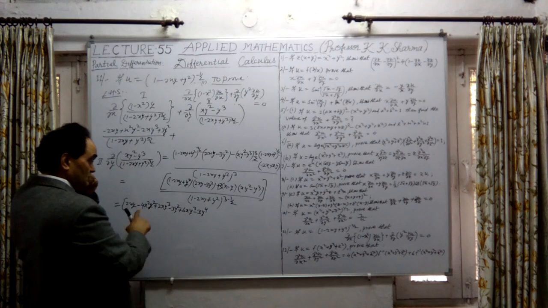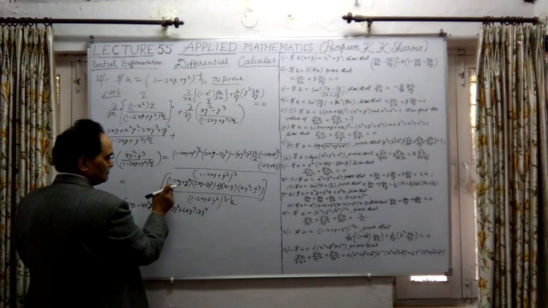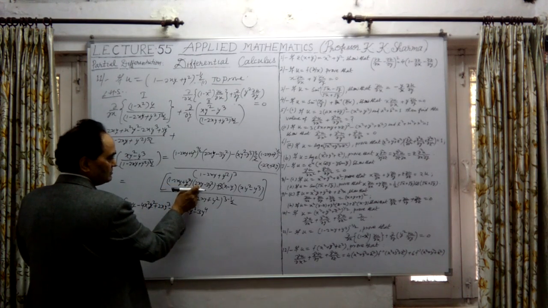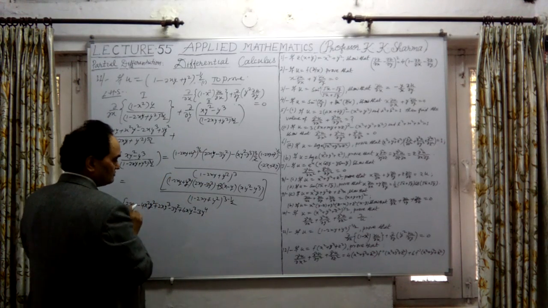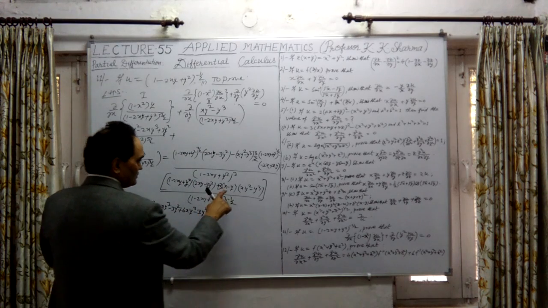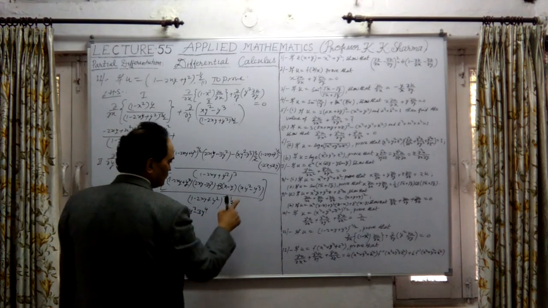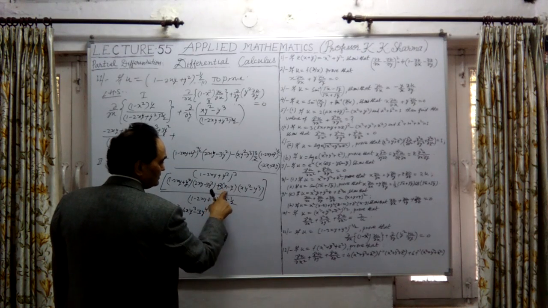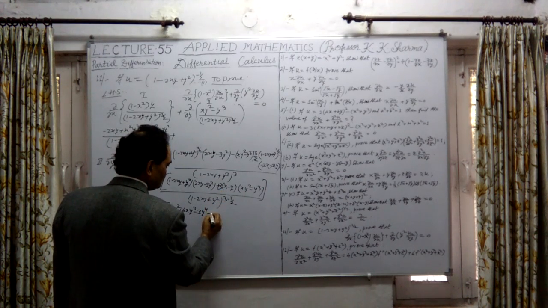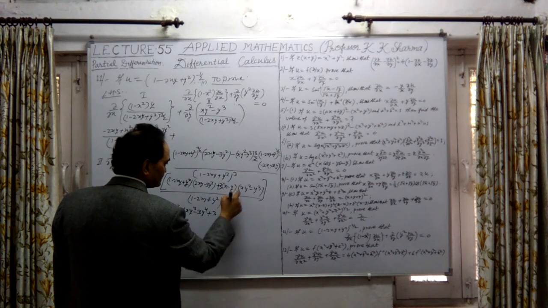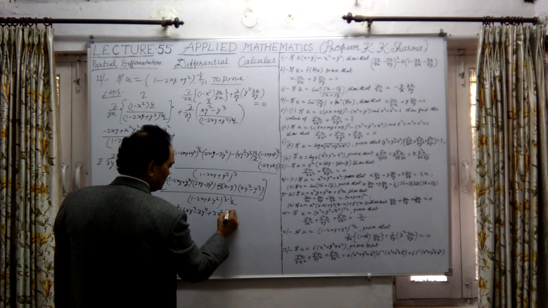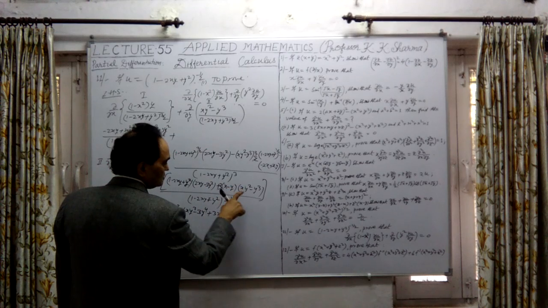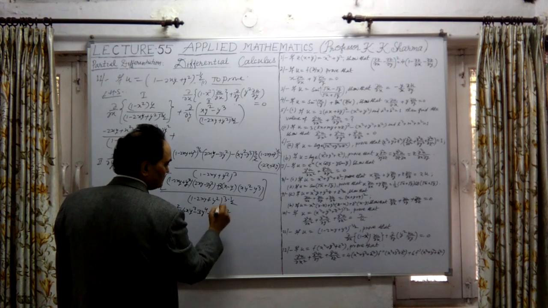Okay, now we have 6 terms here, 1, 2, 3, multiplied to this one term, and 3 terms more for the second term, so we have a total of 6 terms. From this, there will be 4 only, 4 parts. This 3, let me multiply 3x to these 2, so that will be plus 3x square into y square, x into x means x square into y square, but 3 multiplied.